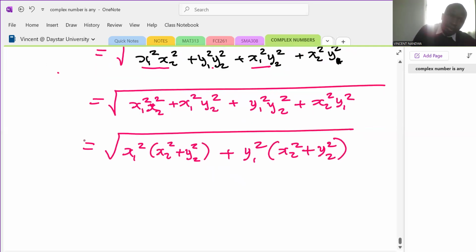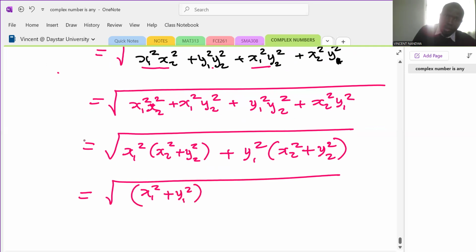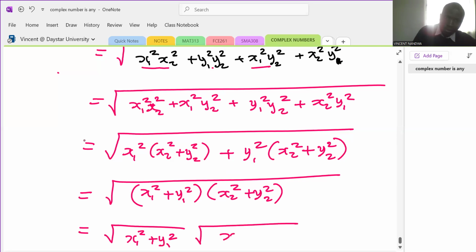And then this is the same as the square root of (x1 squared plus y1 squared) times the inner brackets, which are the same, (x2 squared plus y2 squared). And from laws of indices, this can be written as the square root of (x1 squared plus y1 squared) times the square root of (x2 squared plus y2 squared).